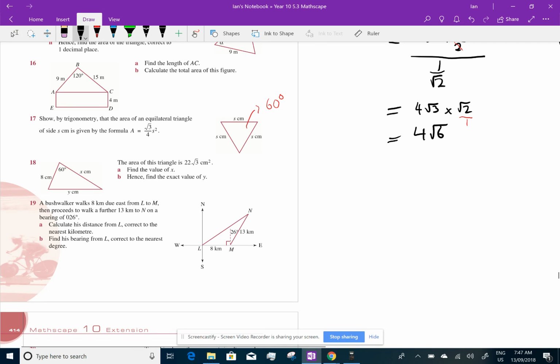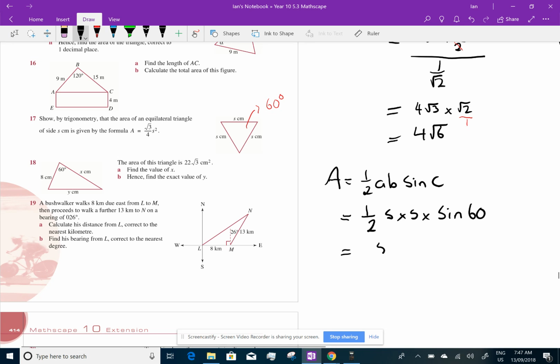So I can just quickly use the area formula. Area equals a half ab sine C. And a and b are the same. It's s times s sine 60.